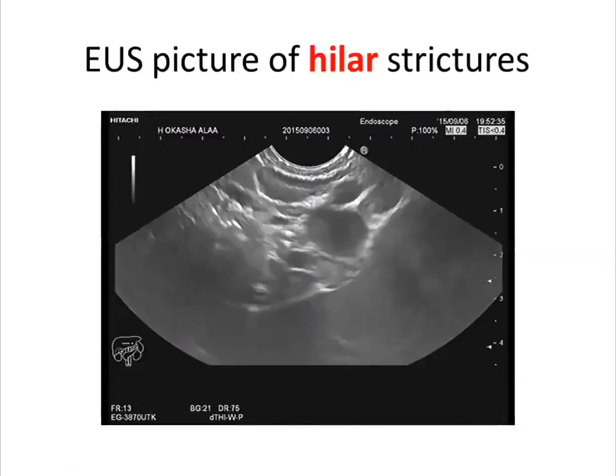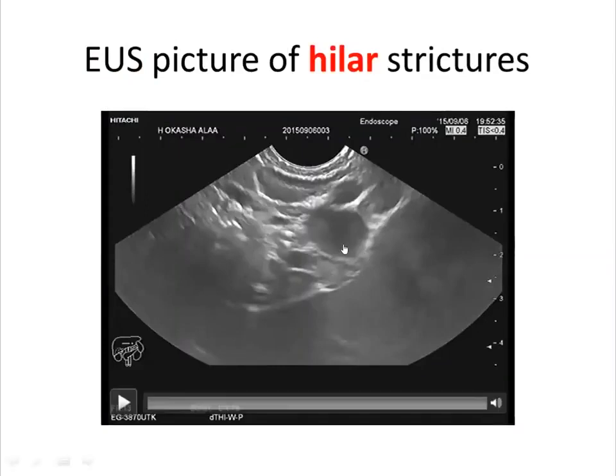Here we are in the porta hepatis. This is the liver, and this is the region of the liver hilum, and this is the portal vein, and this is the hepatic artery, and here this is the upper or proximal part of the common bile duct with a stent inside. You notice that there is minimal thickening of the proximal CBD.